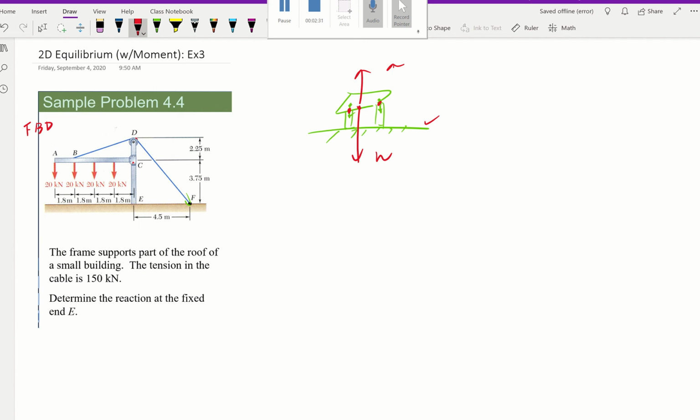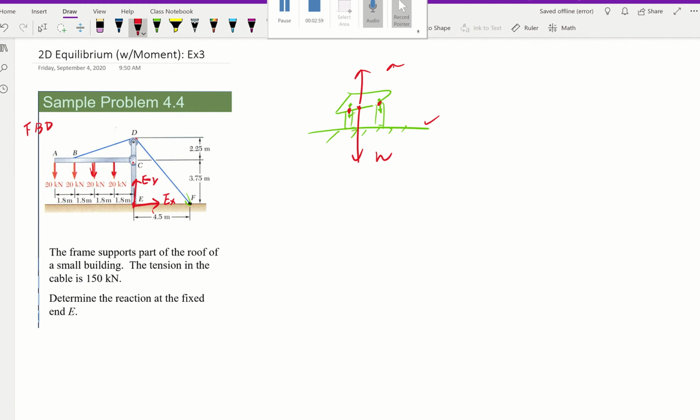If I'm going to look at this entire thing, the forces I have are just the 4 forces acting on here, 20 kilonewton each, and at E, because this structure is in contact with the external surroundings at E. And E is a fixed support. A fixed support will have Ex and Ey.